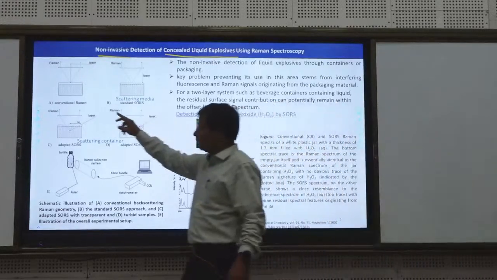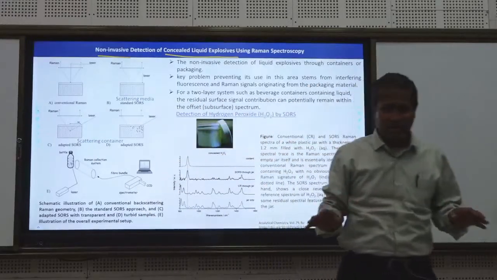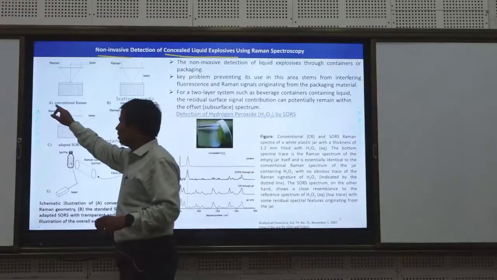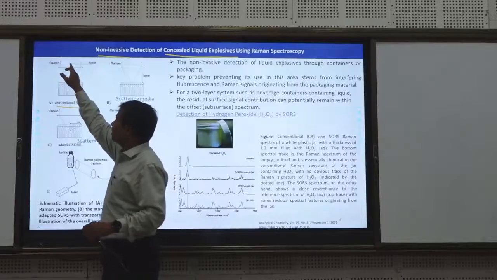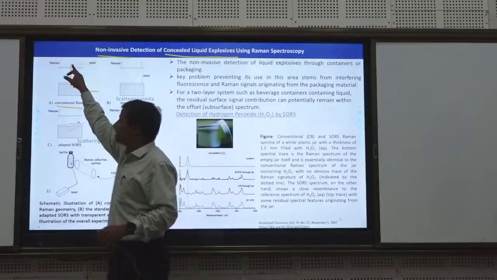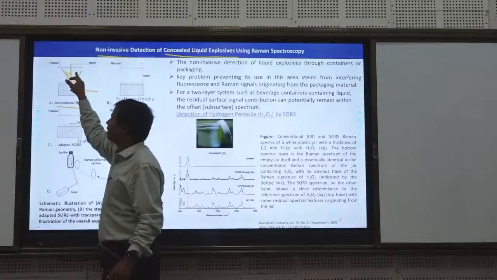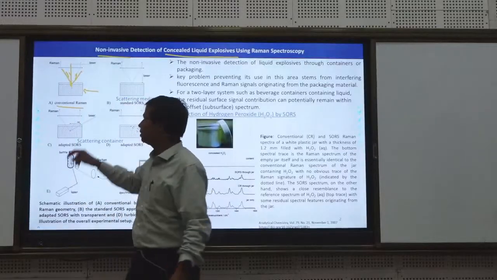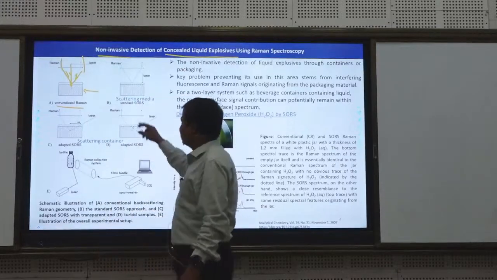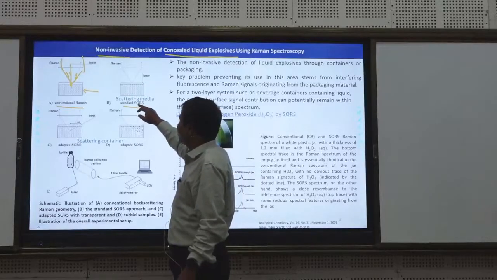Now here they have developed a technique which is not the straightforward Raman spectroscopic technique that we use. The conventional technique is that we excite the sample, and then we take the scattered radiation back with the objective. This is a surface offset technique.